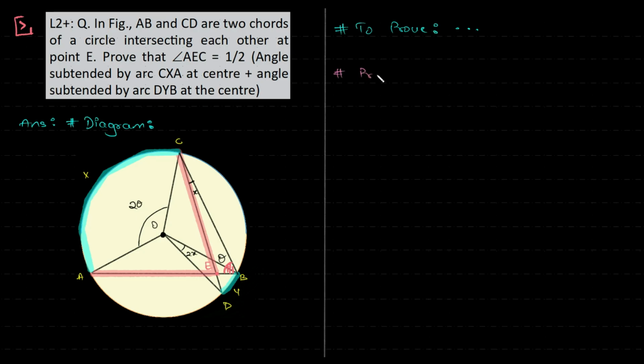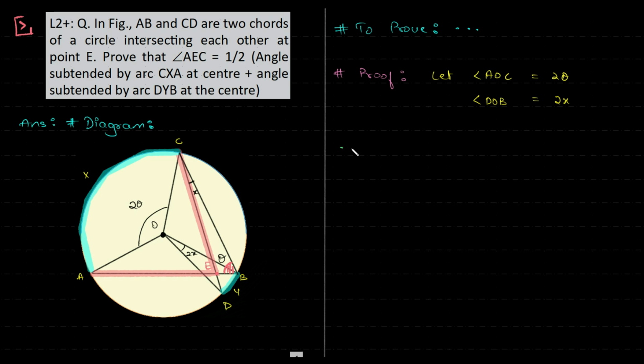Then proof. Okay, how are we going to do this? So we'll start off with calling, let angle BOC be equal to 2 theta and angle DOB be equal to 2x. That's the first thing that I will talk about.